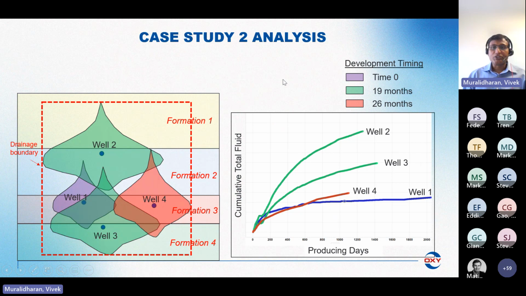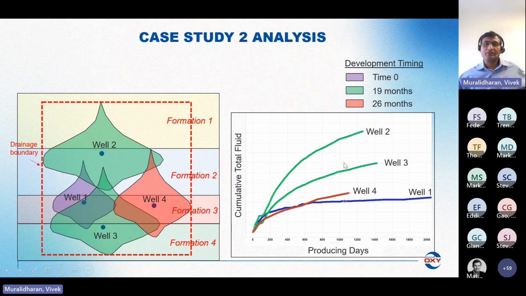Now going to case study 2, you can see that well 1 was a Gen 1 completion with a smaller height and a smaller coverage. When wells 2 and 3 came up with a bigger completion design, it almost killed well 1. Well 3 had a bigger overlap with well 1. That's why you can see that well 2 had a higher SRV, and well 3, even though it created a higher SRV, has some kind of shared protection with well 1.